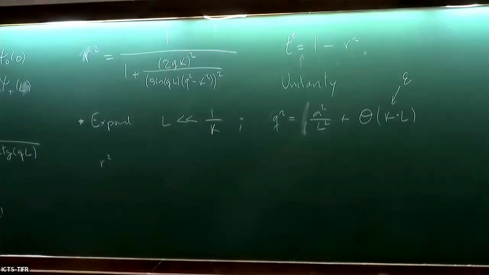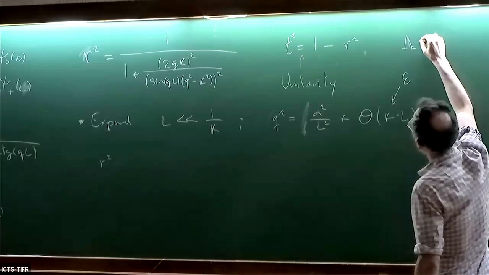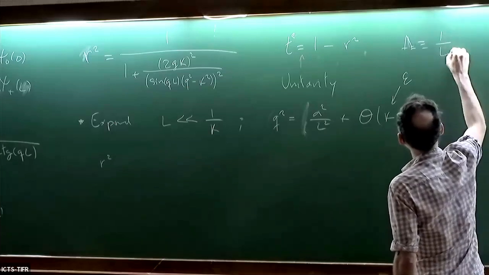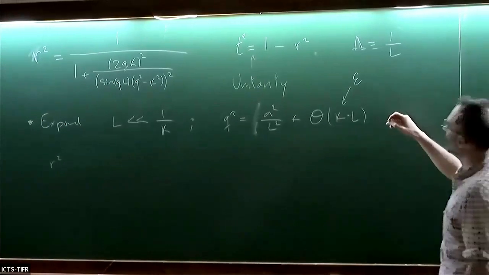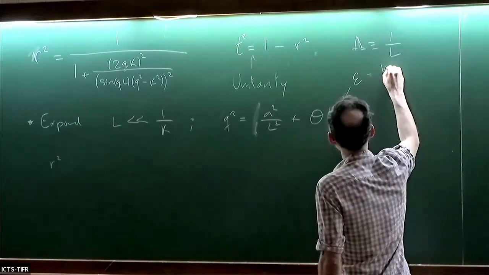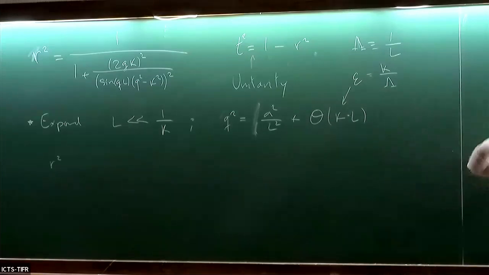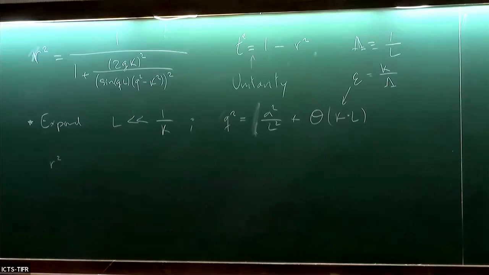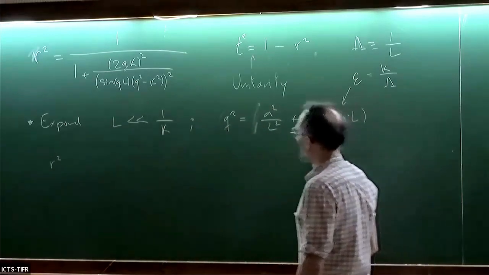And maybe we can already connect with what's to come. You can also define a mass scale from L, which will be 1 over L. Then that same expansion parameter will be K over lambda, where lambda you can think of as the scale that suppresses higher dimensional operators in QFT. That analogy is in fact what's going on in here, but in a much simpler setup.